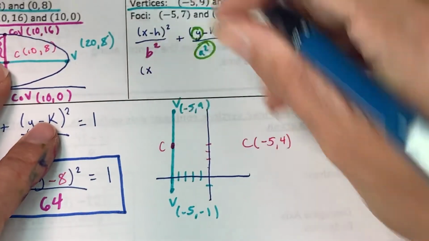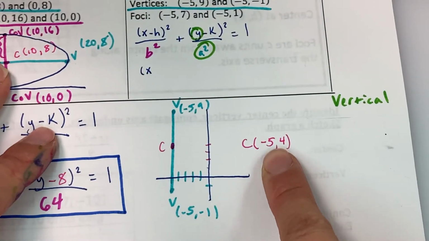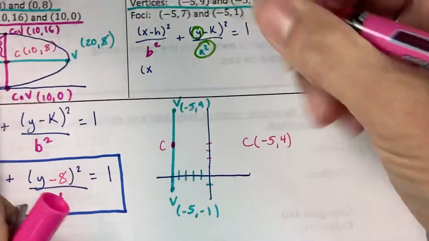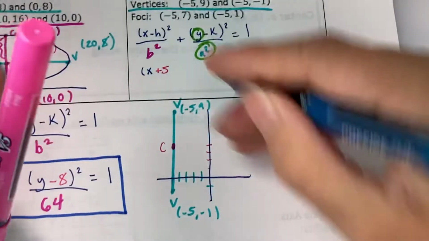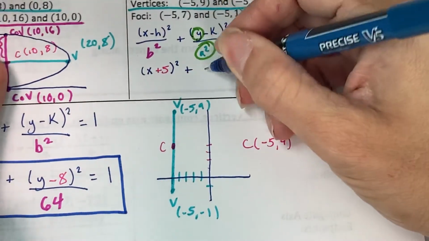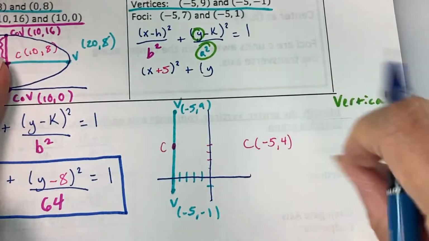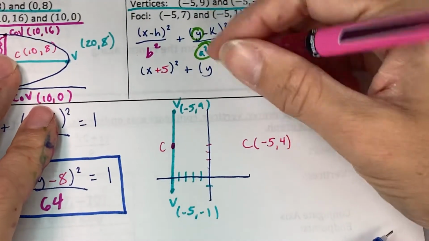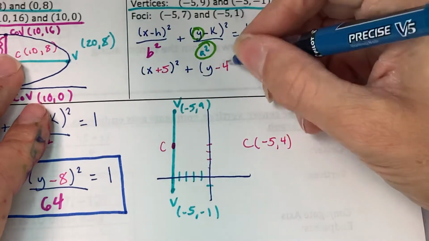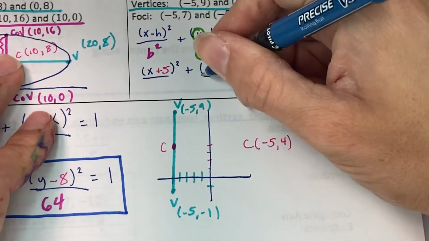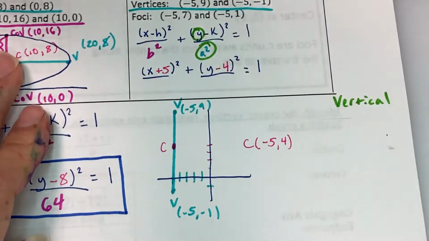So now in my equation, if it's -5 in the coordinate, it's +5 in the equation. Don't forget your squareds. And if it's +4 in the coordinate, then it is -4 in the equation, equals 1.